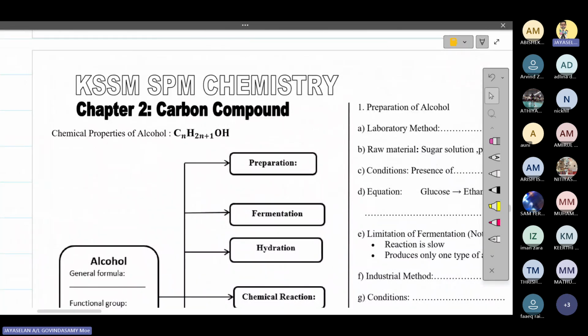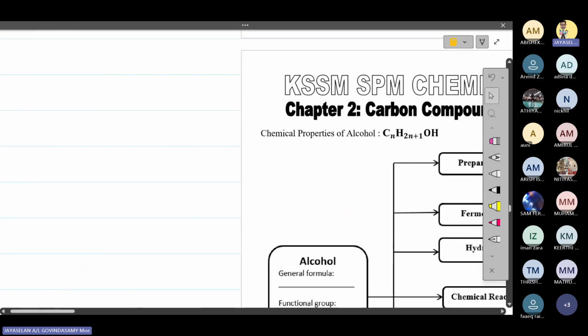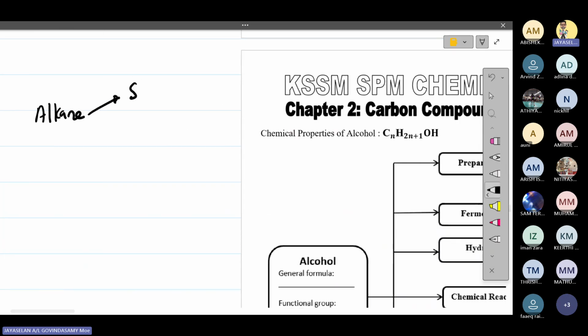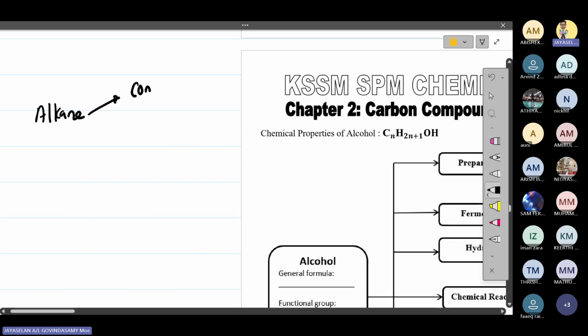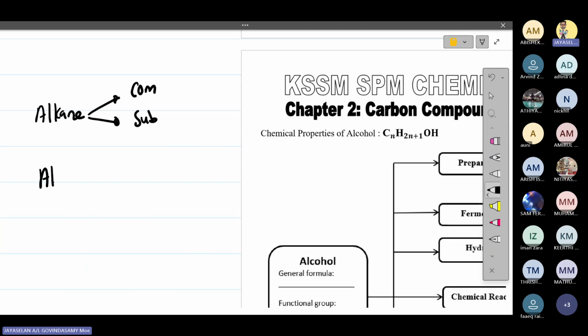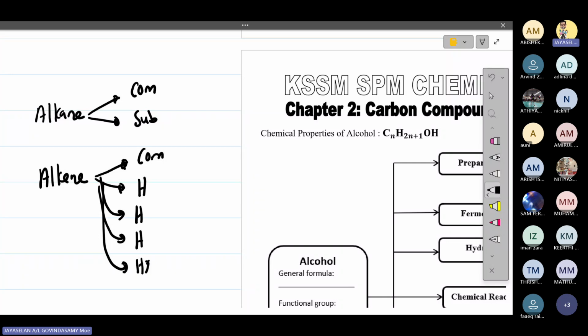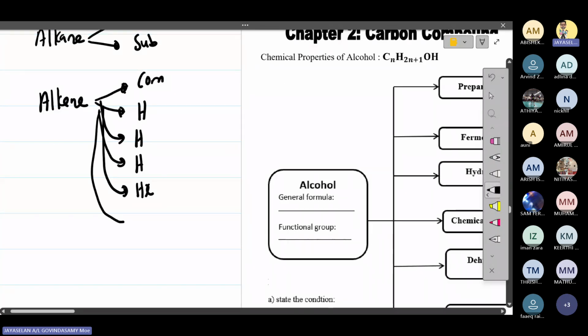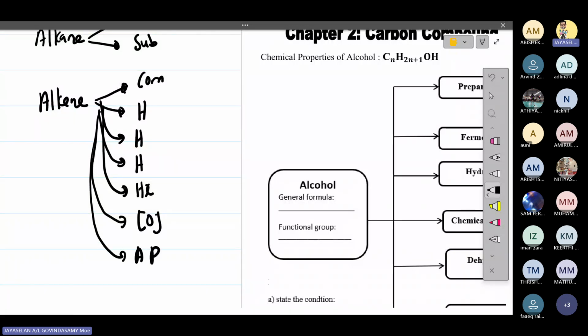It has 3 reactions. Remember, alkane has 2 reactions: number 1 combustion, number 2 substitution. Alkene has a total of 7 reactions: combustion, hydrogenation, hydration, halogenation, addition of hydrogen halide, oxidation, and last one, addition polymerization.